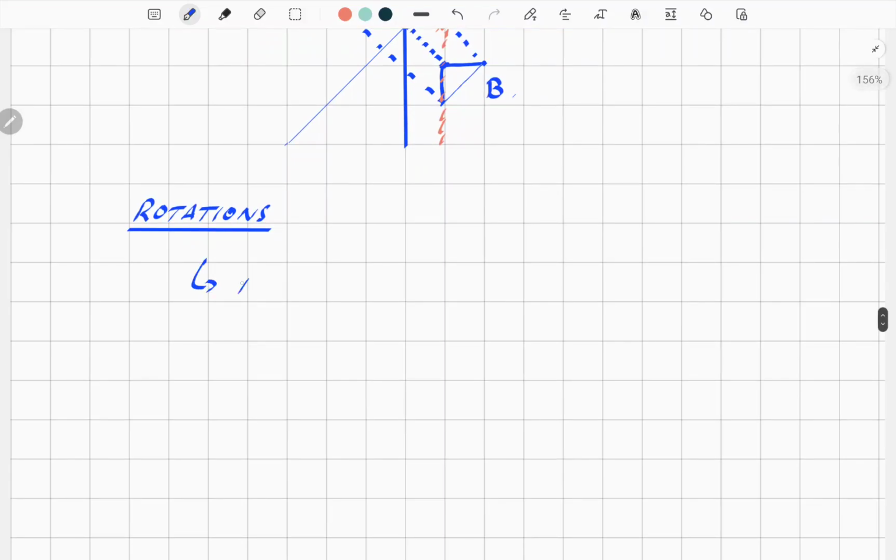You've got to have the direction. So if you go that way, then that's clockwise. Or if you go that way, then anti-clockwise.